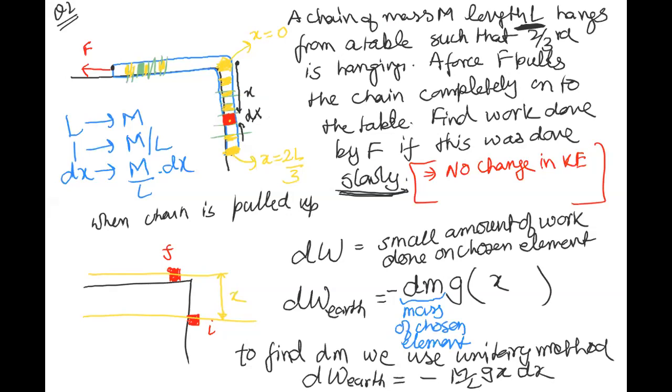Therefore, what is the distance from the edge of the table of the first element here, and of the last element here? That is how you decide on the limits. Okay.